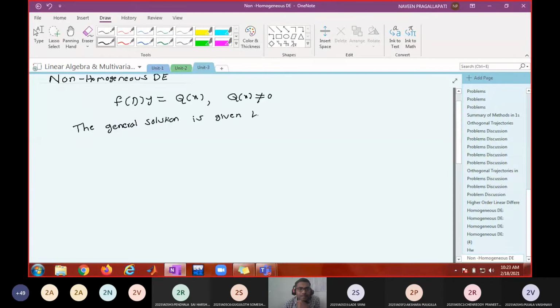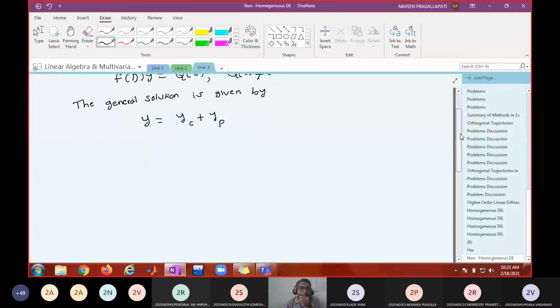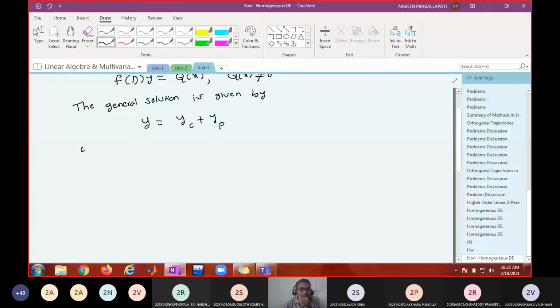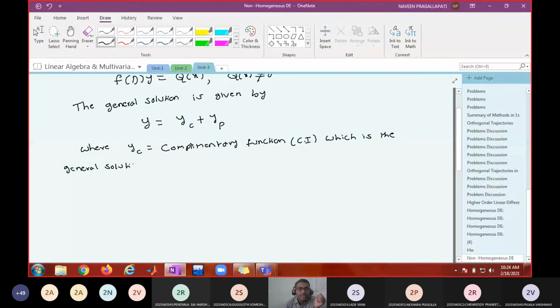The general solution is given by y equal to yc plus yp, where yc is called the complementary function, in brackets we'll call it CF, which is the general solution of the homogeneous DE, f of D of y equal to 0.